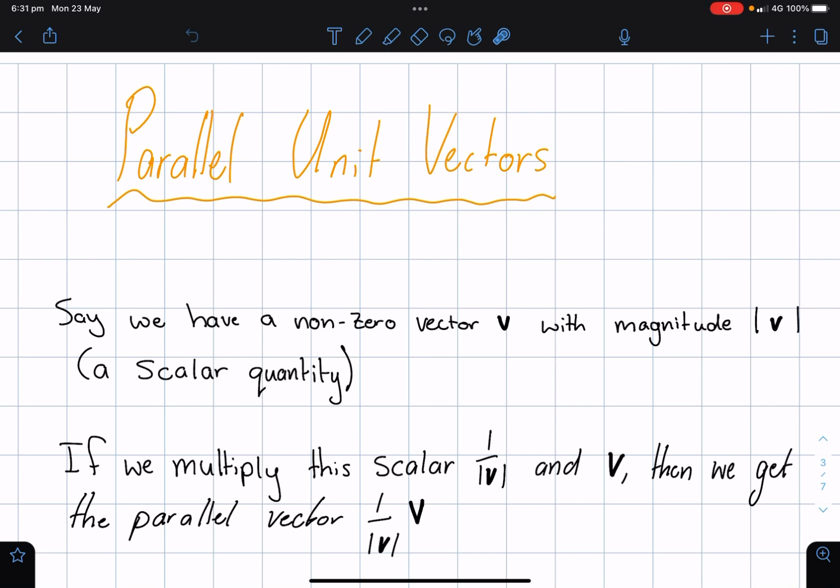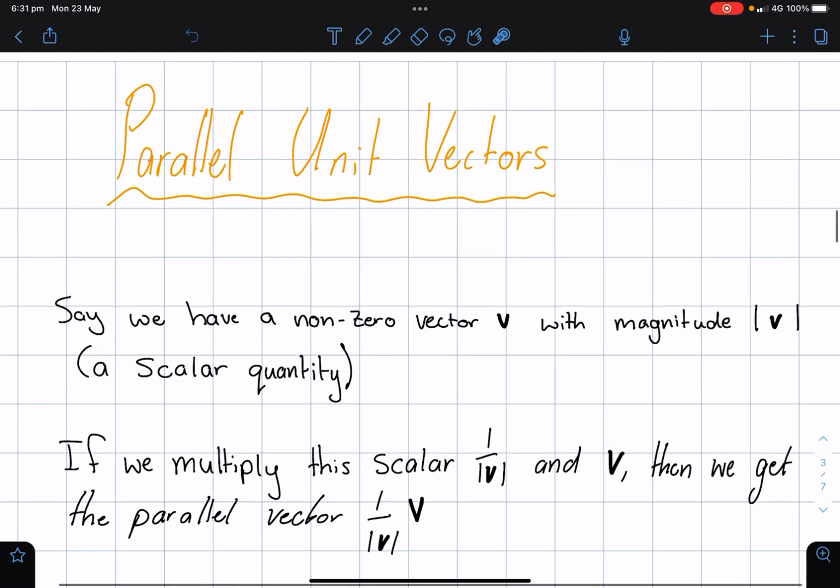Lots of v's here. Hopefully you remember from the last video that any vector multiplied by a scalar will be parallel. So we've now got a scalar multiple of our original vector.